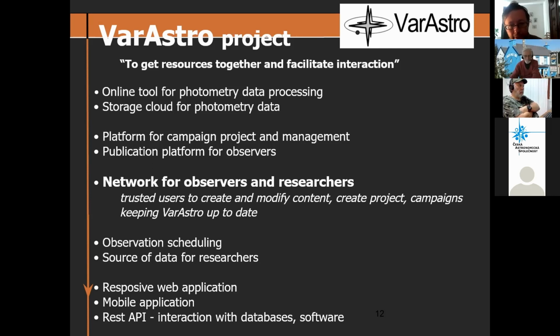It should be an online tool for photometry and data processing, mainly a platform for campaign and project management. And the main idea which Luboš has is to create such a network for observers and researchers.